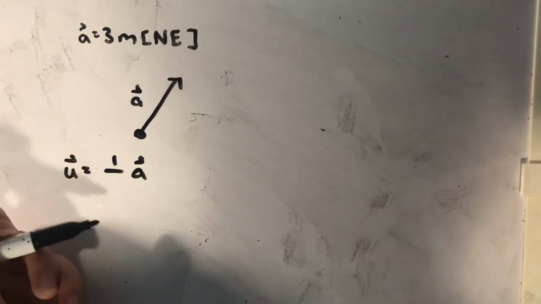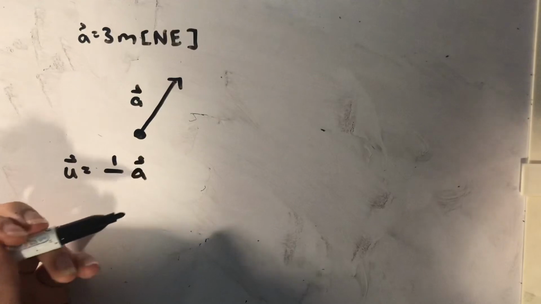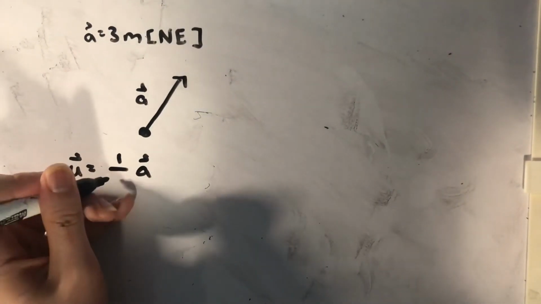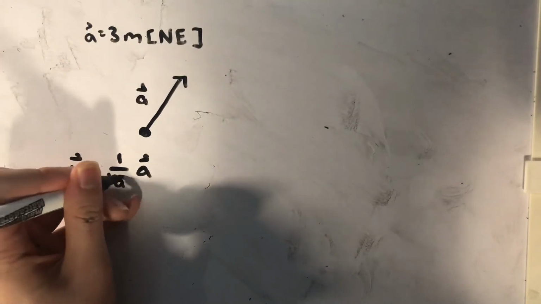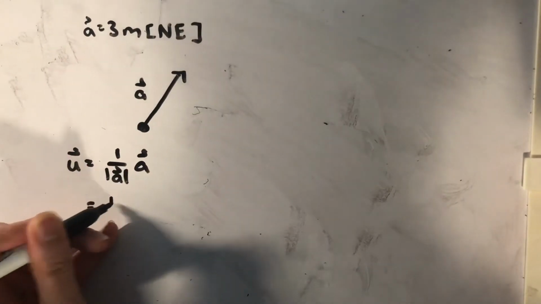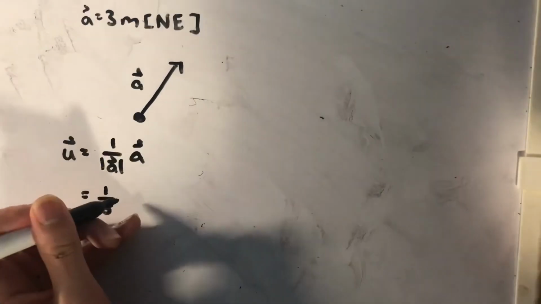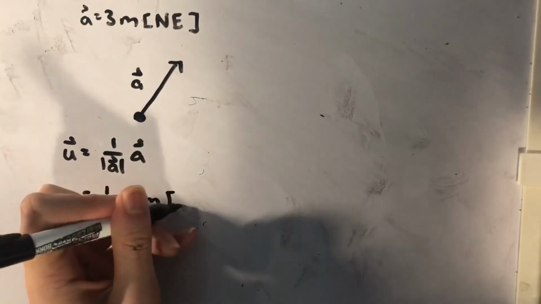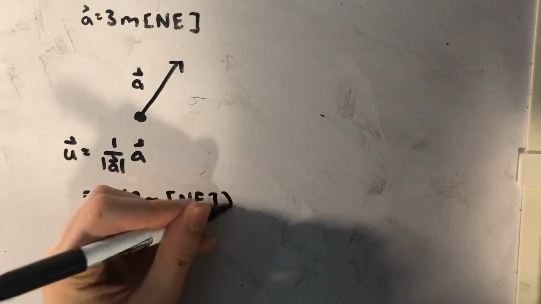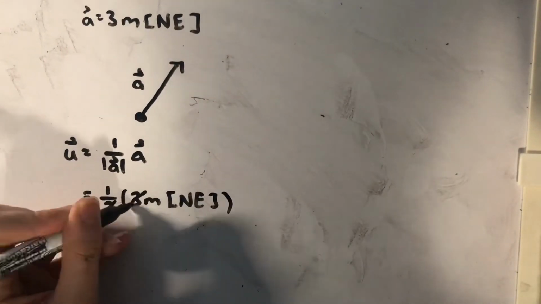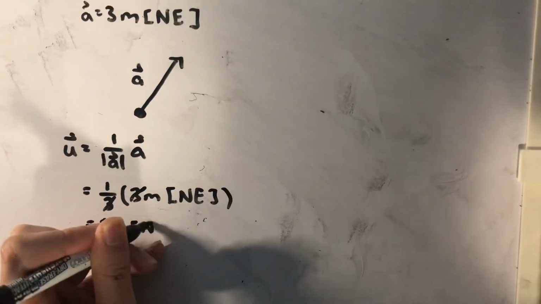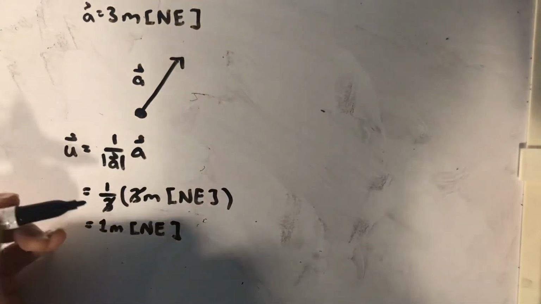To make my unit vector, I'm going to multiply my original vector by a scalar, and that scalar is going to be 1 over the magnitude of my a vector. So I know my magnitude is going to be 3, and my vector a is going to be 3 meters northeast. And then these 3's cancel, so I'm left with my unit vector of 1 meter in the same direction as a.